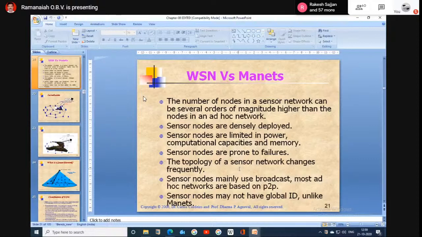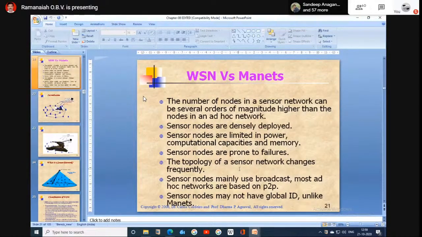Sensor nodes use broadcast mostly, whereas MANETs use point-to-point communication. Here P2P means point-to-point when you talk about communication, and when you say network architecture, it is peer-to-peer. That is how you use the abbreviation in two ways.